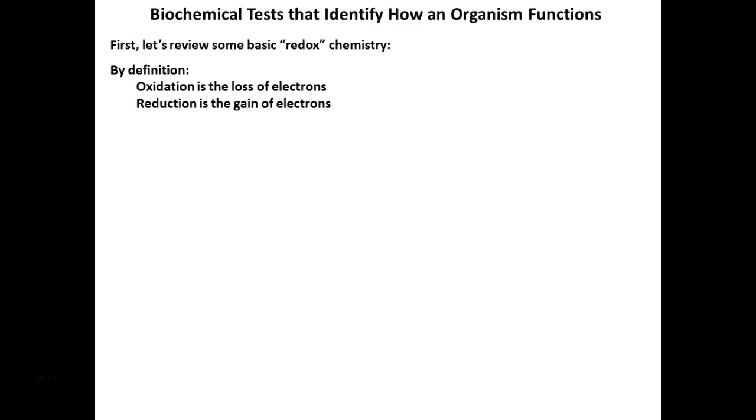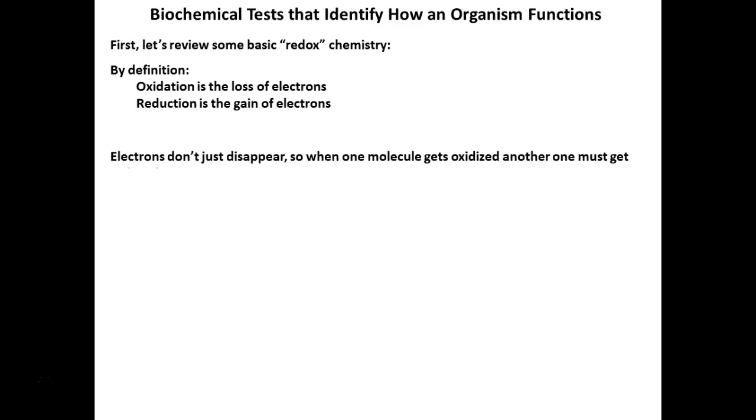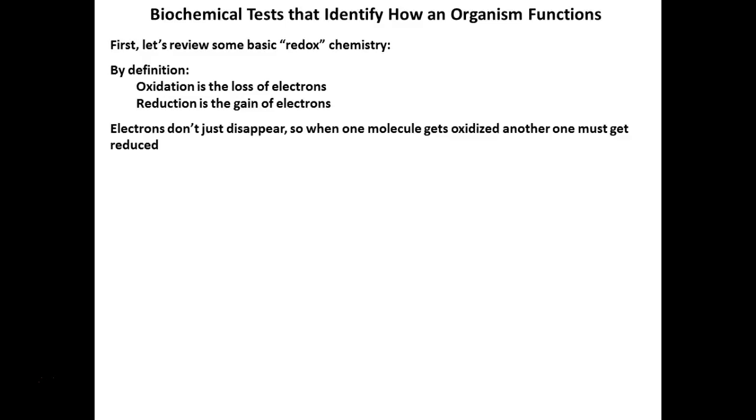So, they're commonly referred to as redox reactions. Reduction, oxidation reactions. A little saying that I learned when I was in chemistry was OIL RIG, an acronym for oxidation is the loss of electrons, reduction is the gain of electrons. And that's easy to remember, especially living now in Louisiana, right? We deal with oil rigs all the time, right?